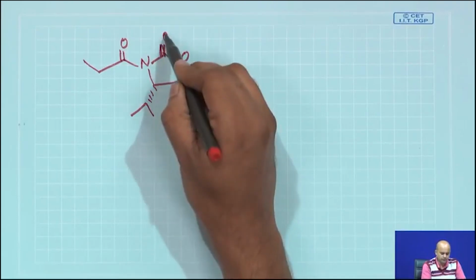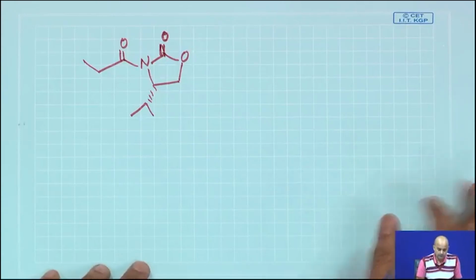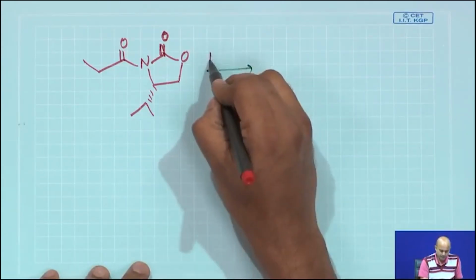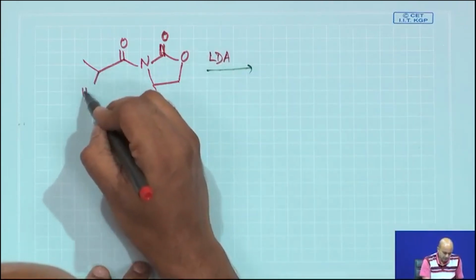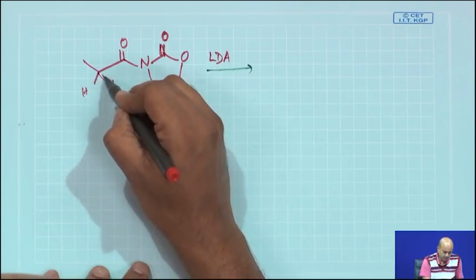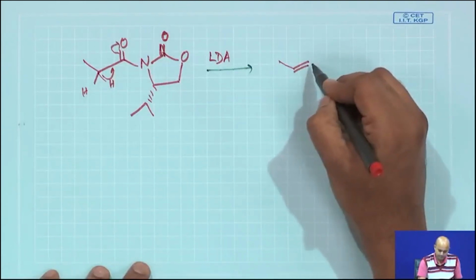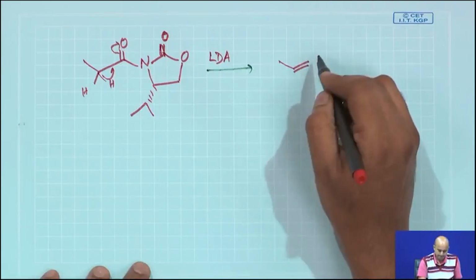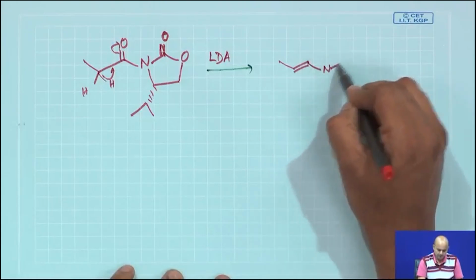The oxazolidinone structure has been very judiciously chosen; it also fulfills certain other criteria. Now, what do I do? You treat with a base like LDA to abstract one of the hydrogens to generate the enolate. So, you will now be generating the enolate.